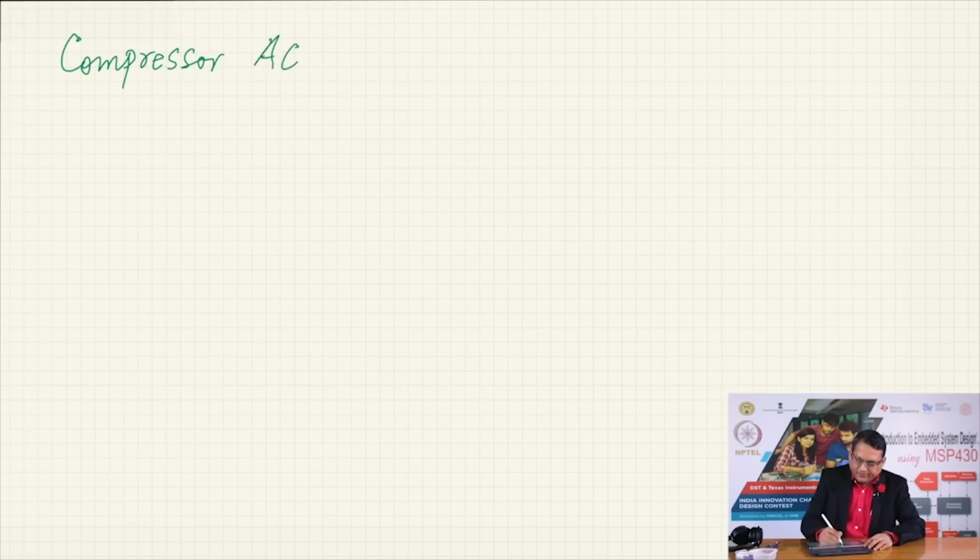So, in an air conditioner, the old style air conditioner, what all things we had? We had a compressor, which used an AC motor together with a coolant and heat exchanger.